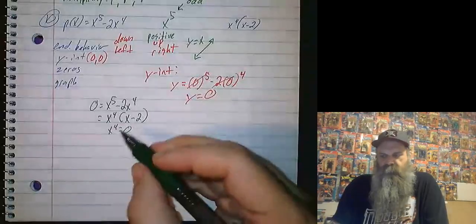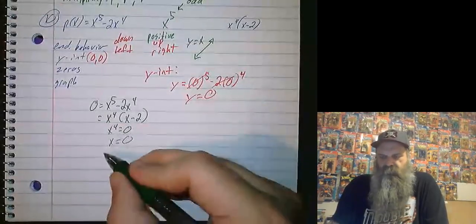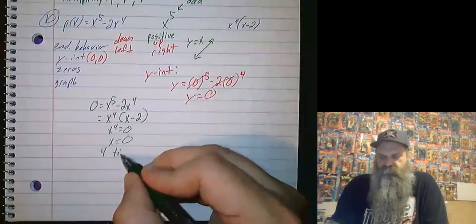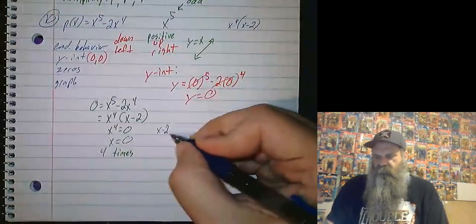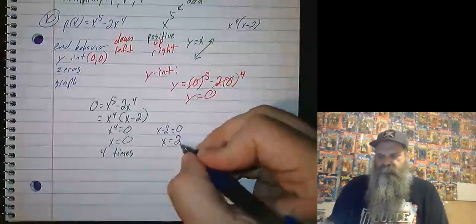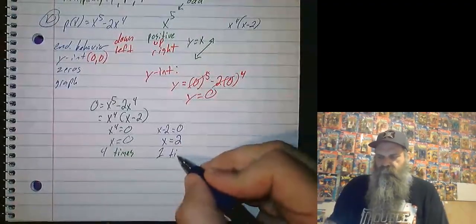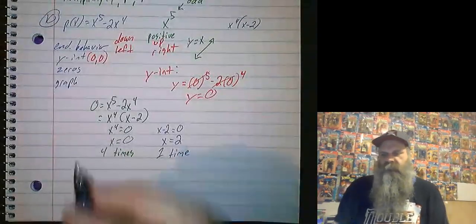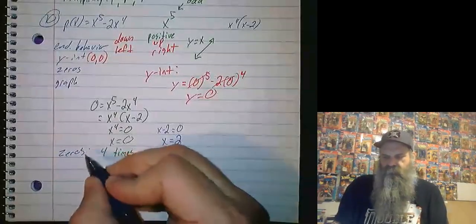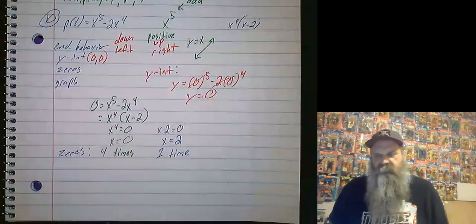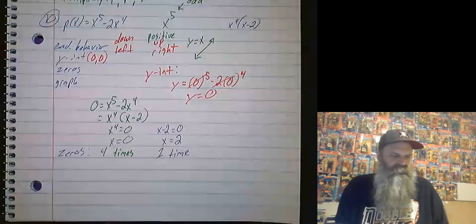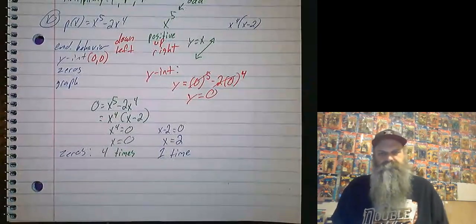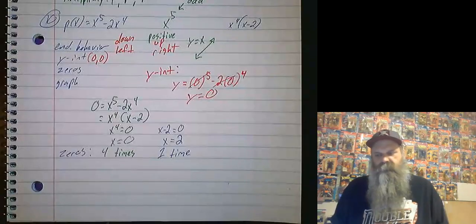X to the 4th equals 0 means x equals 0 happening 4 times, multiplicity of 4. Take x minus 2, set it equal to 0, and we get x equals 2 happening 1 time. So these are the zeros. I don't remember if it asks for the multiplicity on number 10 or not, but if it does, there they are. And then the graph, I think you're picking from the graphs they show you.